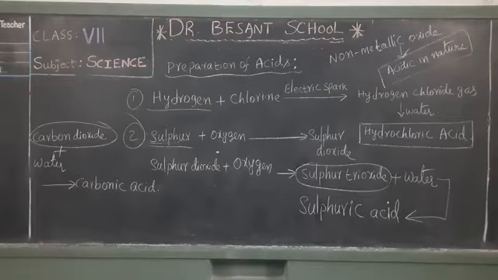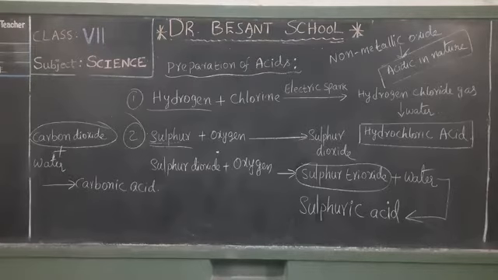Hydrogen is a non-metal, and it reacts with chlorine, which is also a non-metal. This reaction takes place under the action of an electric spark, and you obtain hydrogen chloride gas. When it is absorbed in water, you obtain a substance which is acidic in nature, named hydrochloric acid.